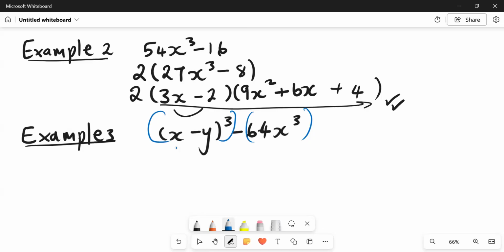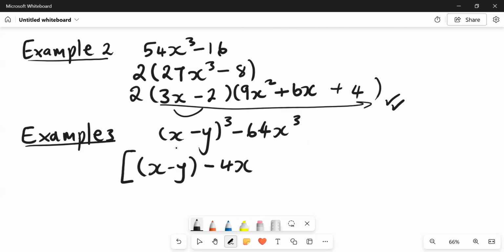Now, we have to find the cube root of the first term and the last term. Let's do that. So the cube root there would be x minus y. And the cube root of the last term, which is minus 64x cubed, would be minus 4x, right?